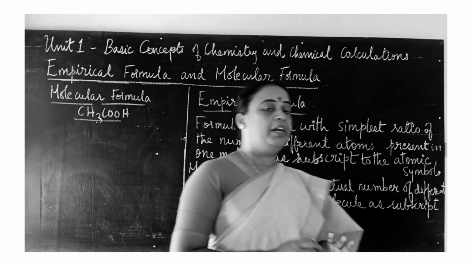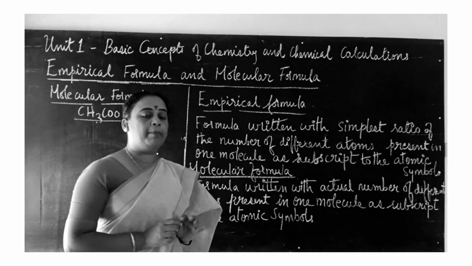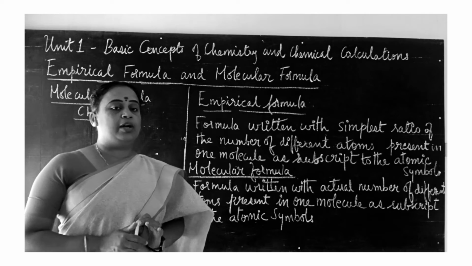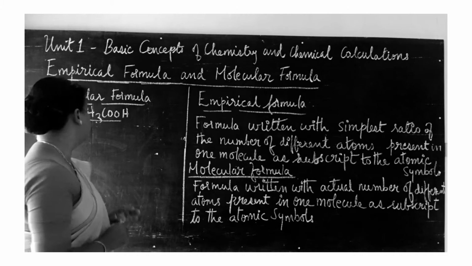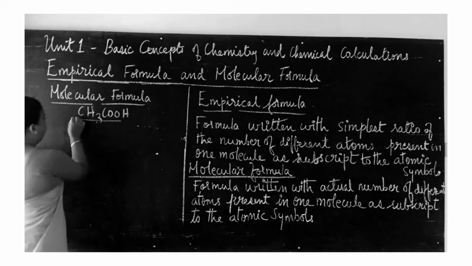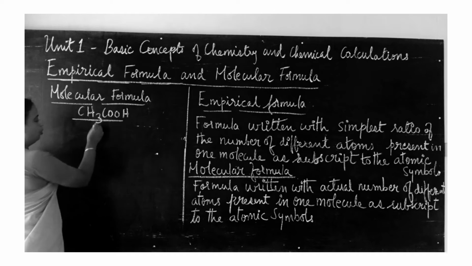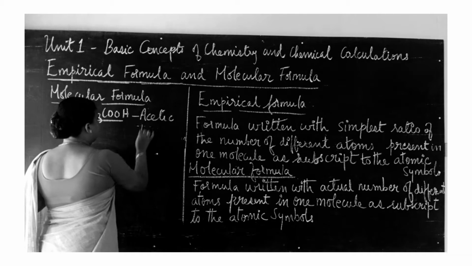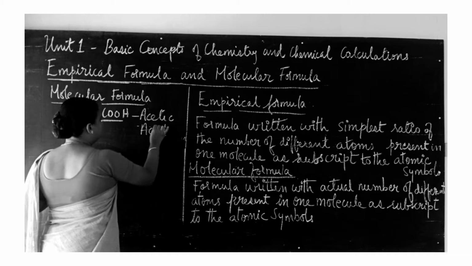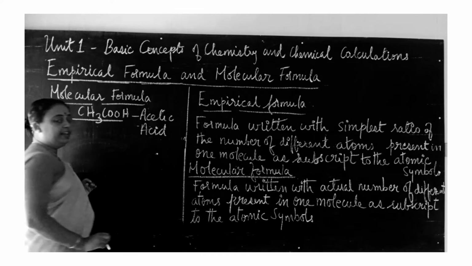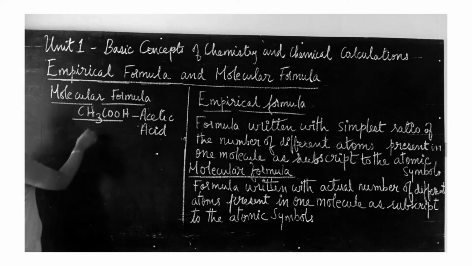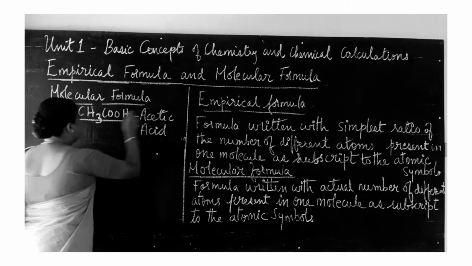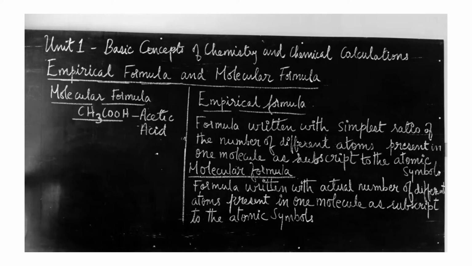Now I am going to explain molecular formula by taking an example of a compound called acetic acid. The acetic acid formula is CH3COOH. Acetic acid is an organic compound which is present in vinegar. So, the molecular formula for this compound, acetic acid, is CH3COOH.